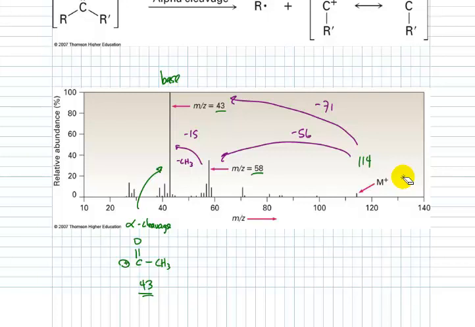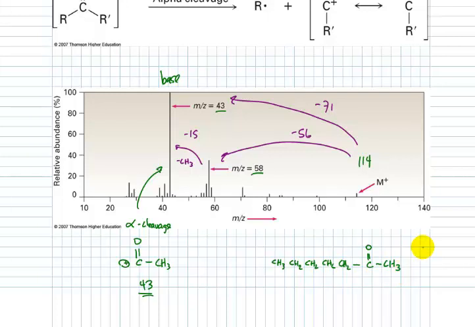So what happens if we just did C double bond O, CH3, and then 5 more carbons, a 5 carbon chain, right? 1, 2, 3, 4, 5, CH3. 1, 2, 3, 4, 5, 6, 7 carbon.